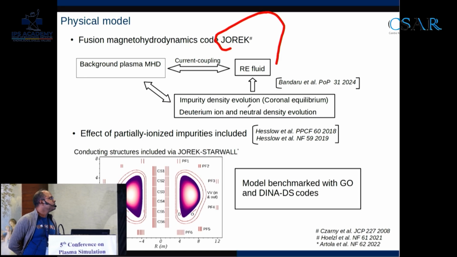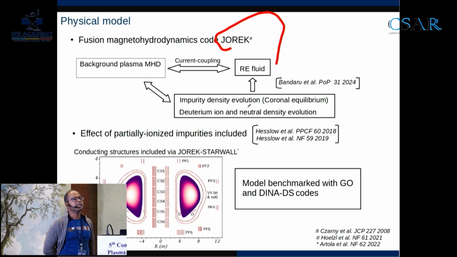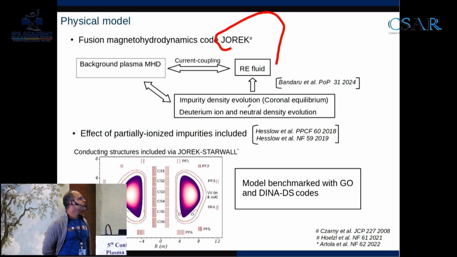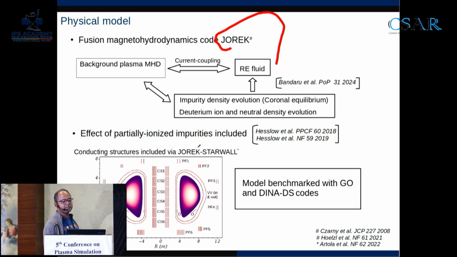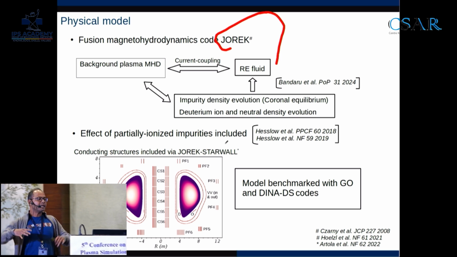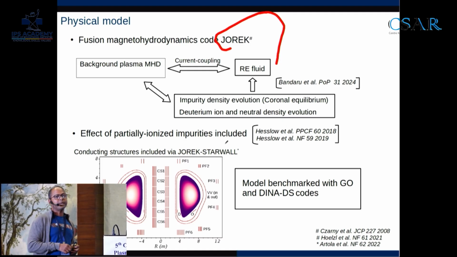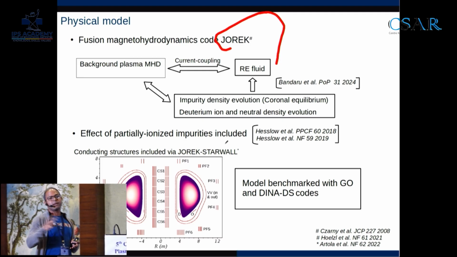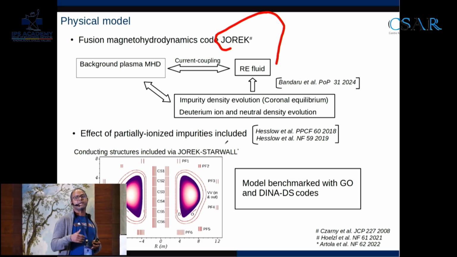Now, not only is the plasma modeled here, but also the effect of exterior conducting structures, the passive structures, the vacuum vessel layers, etc., is taken care of. This is done using what is called the JOREK STARWALL. What this really means is that the exterior is not considered in terms of the simulation domain, but the effect of the exterior on the plasma is taken care of using the formalism of Green's functions.